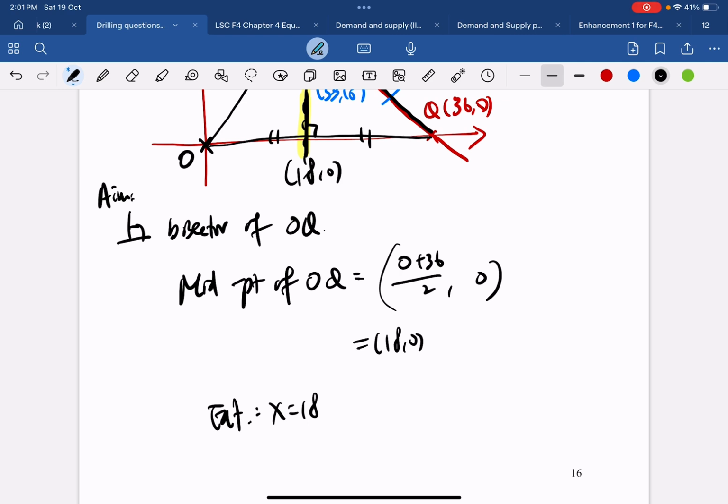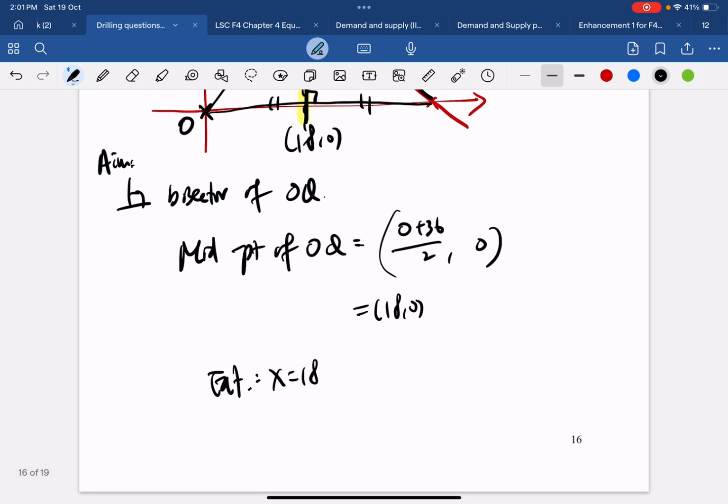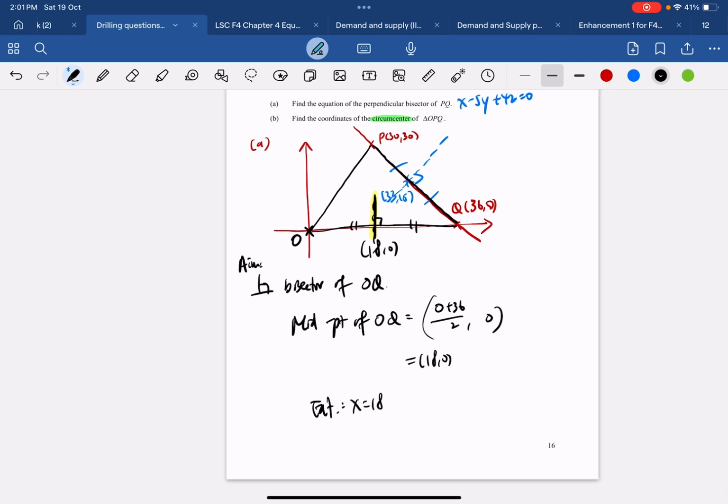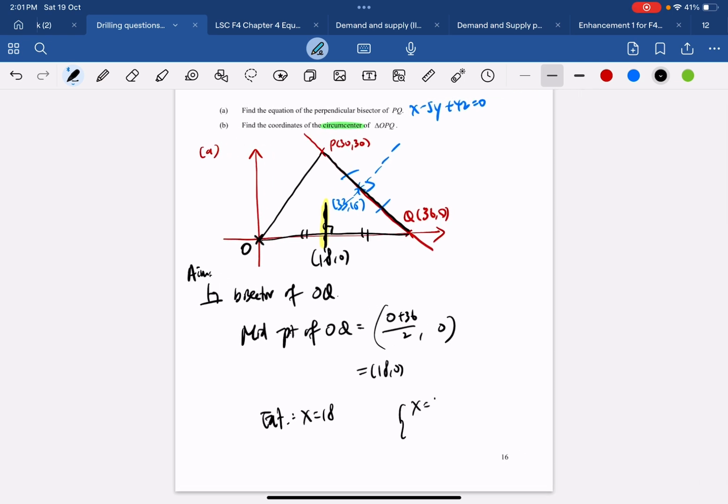So solve for the simultaneous equation. x equals 18 and then x minus 5y plus 42 equals 0. So we substitute: 18 minus 5y plus 42 equals 0. So negative 5y is negative 60. So y is 12, and we have x is 18 already, which means the coordinate of the circumcentre would be 18, 12.